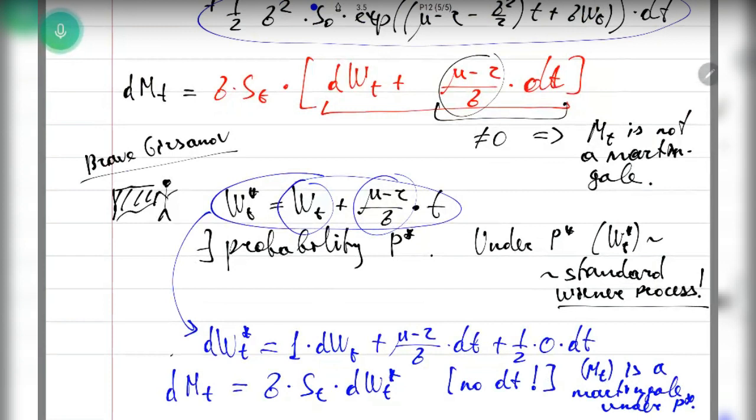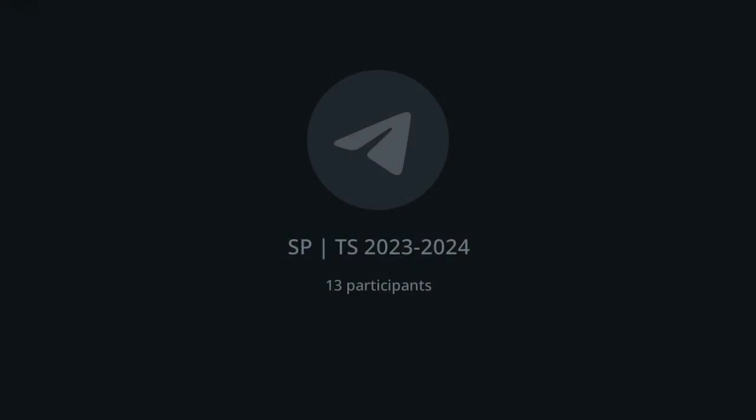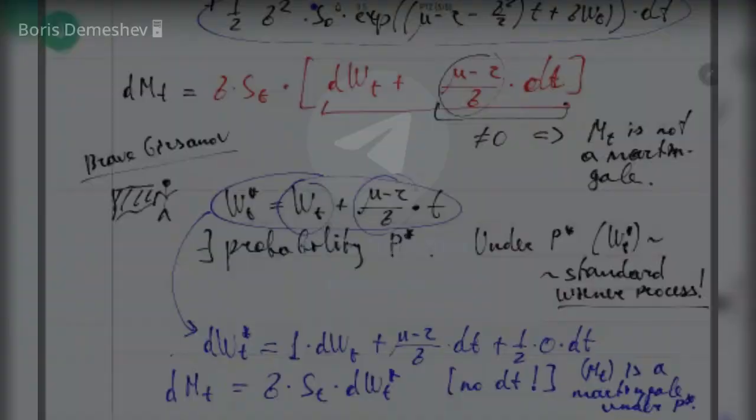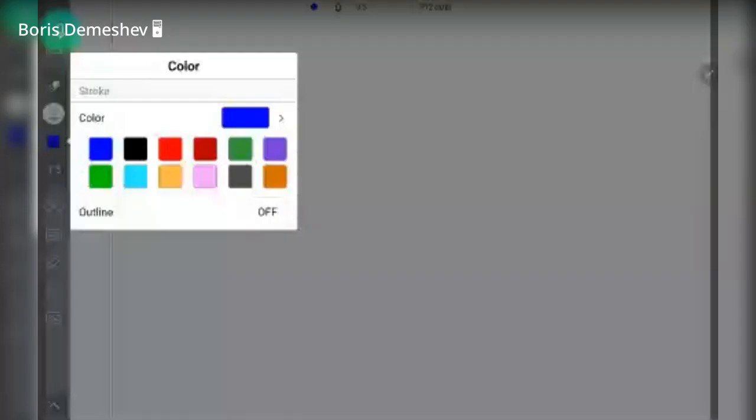Now we have a complete picture. It seems that we have created a new probability measure. We don't know how to calculate it, we don't even know how to write it, but this probability measure makes Mt a martingale. So the moral of the story: it seems that we have something useless.